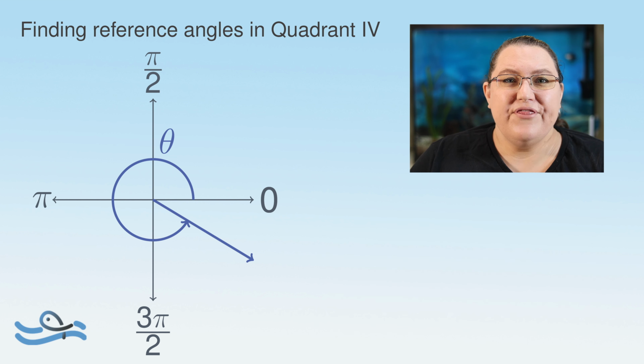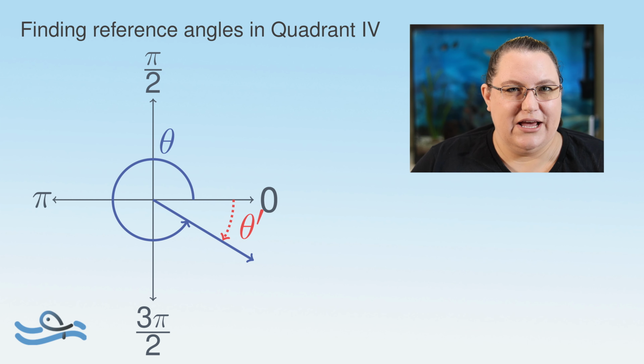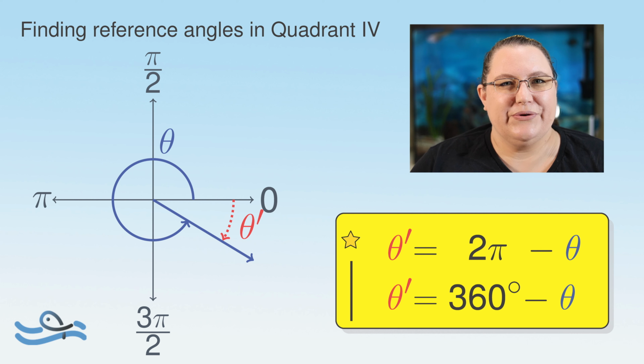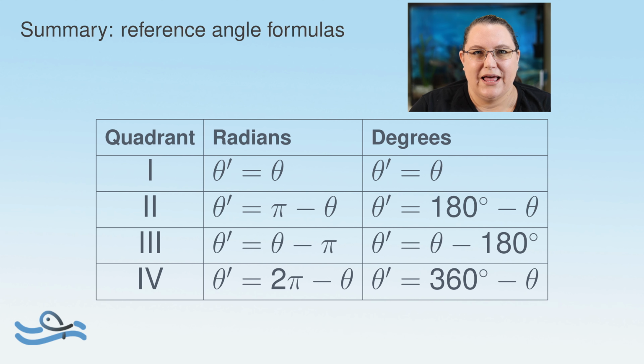Finally, if theta is in quadrant 4 between 3 pi over 2 and 2 pi, then my reference angle theta prime is in the location pictured in red here. To calculate theta prime, I'm going to take 2 pi and subtract my original angle, or 360 degrees minus my original angle.